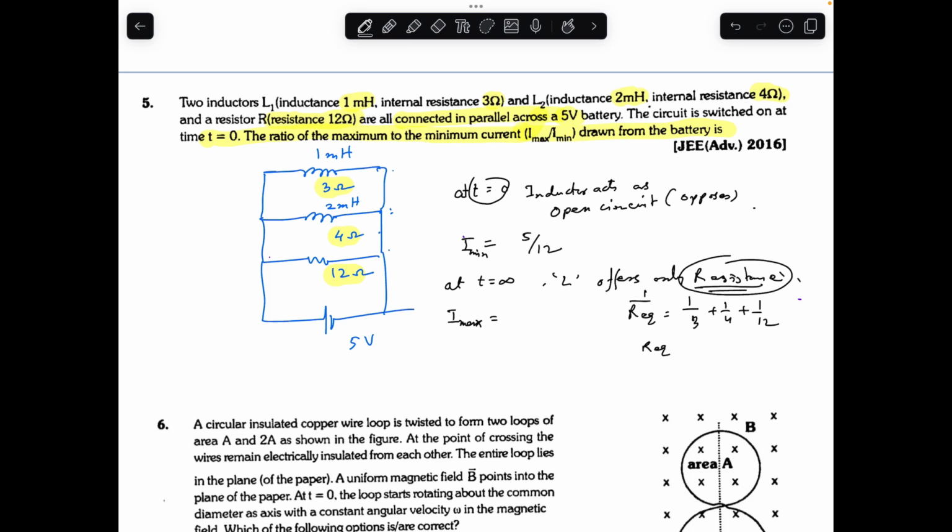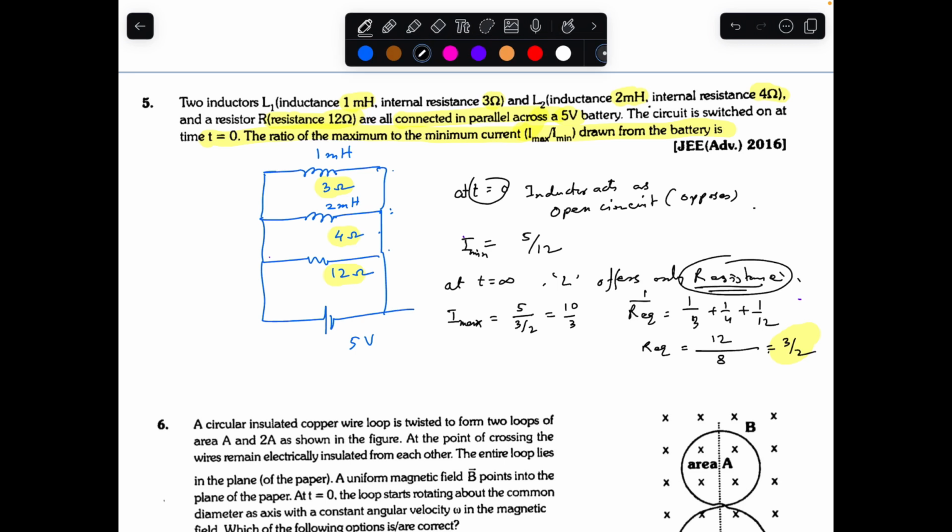If you solve this, you get 12 divided by (4 plus 3 plus 1), that is 8, so R equivalent is 3 by 2. So I max will be 5 by 3 by 2, that is 10 by 3.